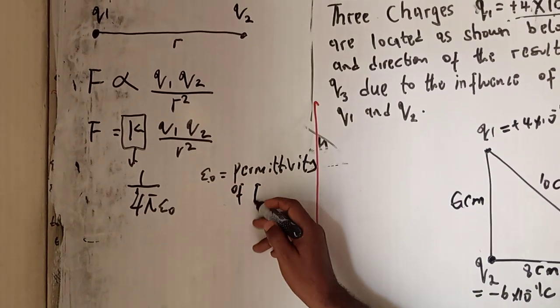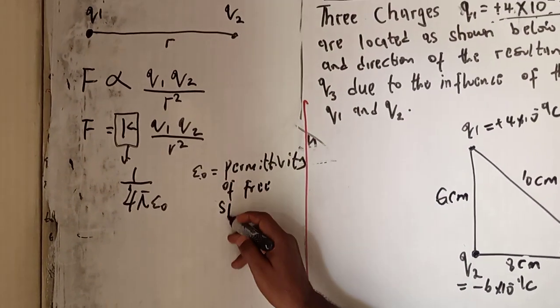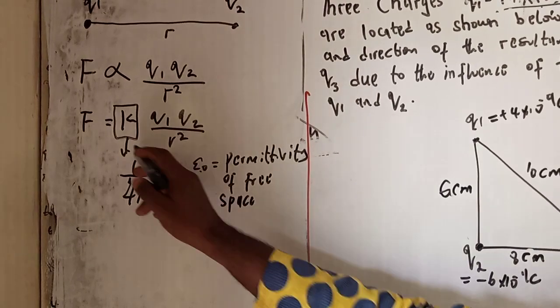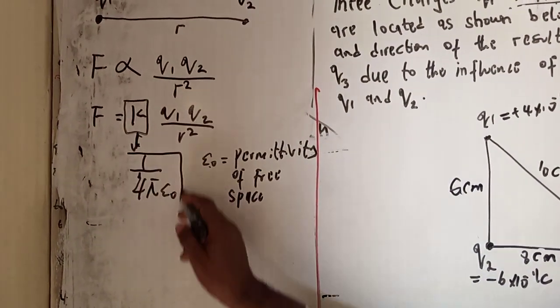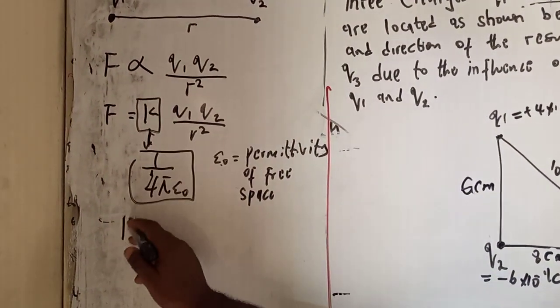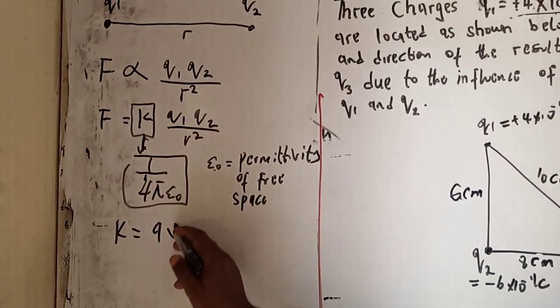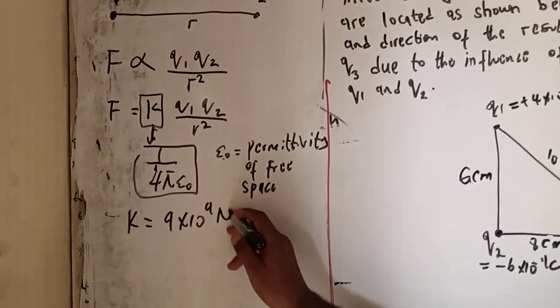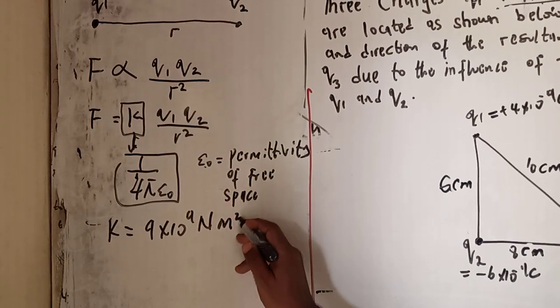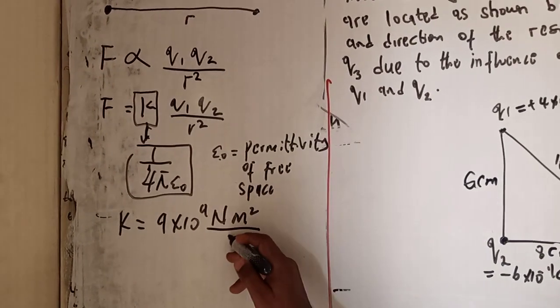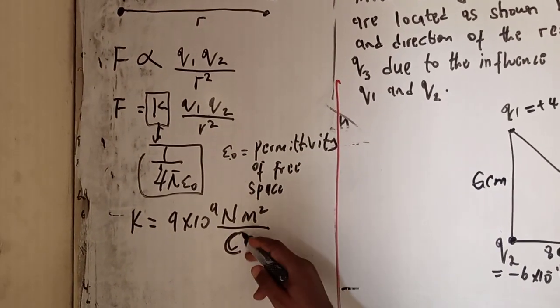of free space. This particular value of K is expressed numerically as 9 times 10 raised to power 9 Newton meter square per Coulomb square.